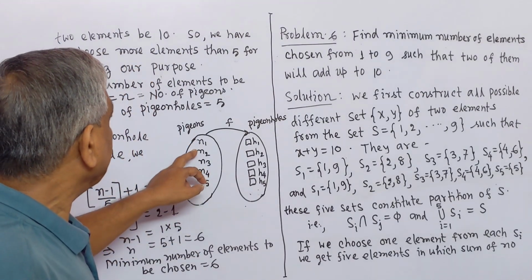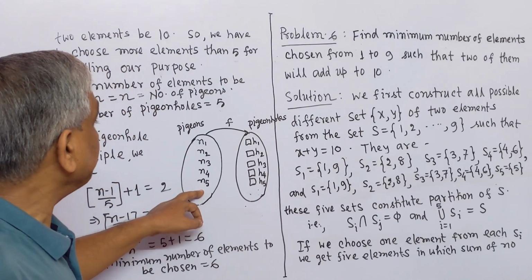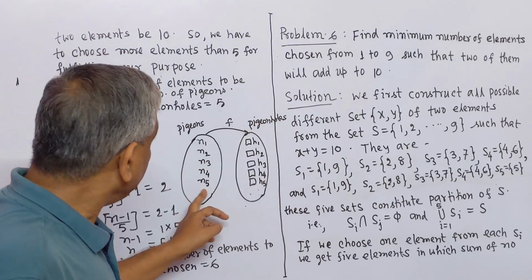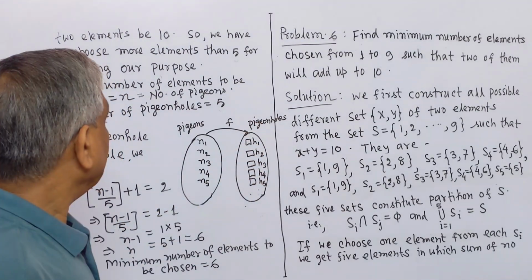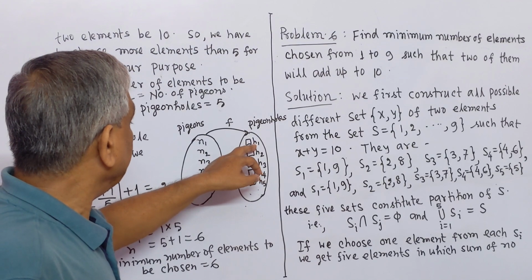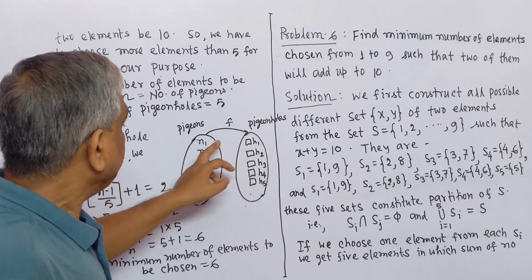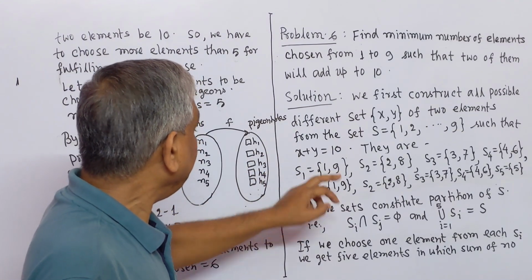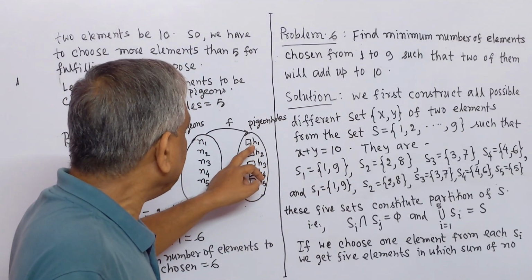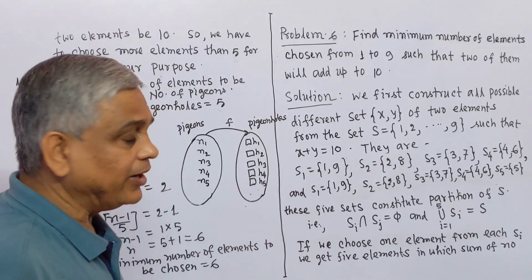If we take here more than 5 elements, then according to the pigeonhole principle, 2 pigeons will lie in a pigeonhole. Let n1 lies in H1, n1 belongs to S1. Then if we get here also 9, then 1 plus 9 equal to 10.